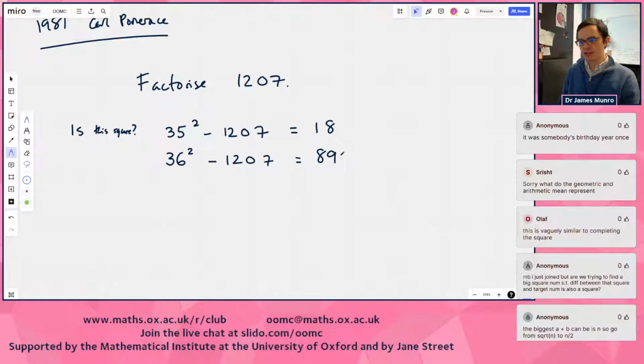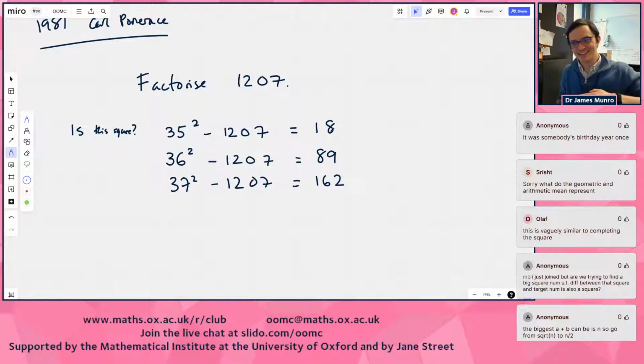Each time I go from one line to the next, the 1207 is staying the same, but the 36, 37 thing, all that's changing is I'm adding the difference between these two squares. So I need to add a 36 and then a 37, which is like adding 73. So this is 162.